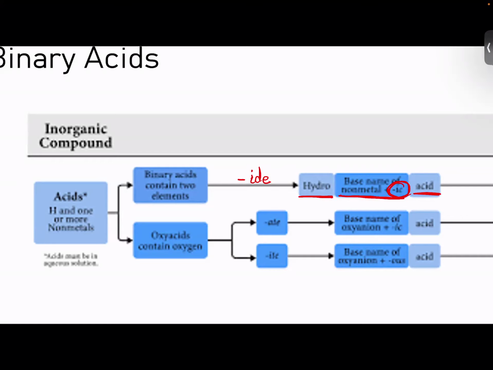Examples would be SO3 2 minus. I've already mentioned that this is sulfite. That means H2SO3 aqueous is sulfurous acid.